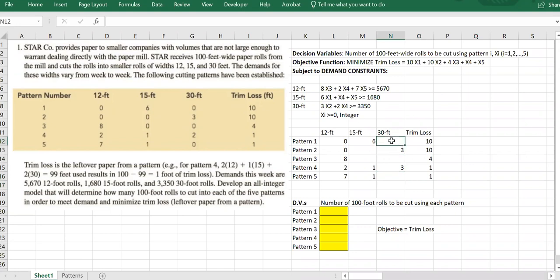You don't have to put zeros, but just put them here. So these are the set of parameters.